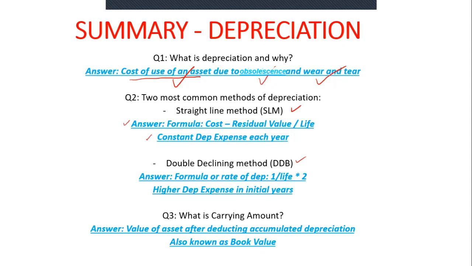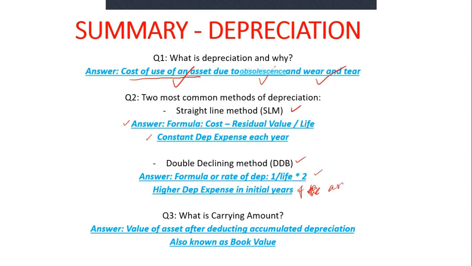Double declining method, you need to calculate the depreciation rate first, and the formula to calculate the depreciation rate is 1 over the useful life of the asset, times 2. And another feature of this was that higher depreciation expense is charged in the initial years of the asset.